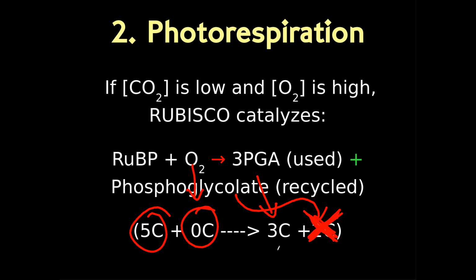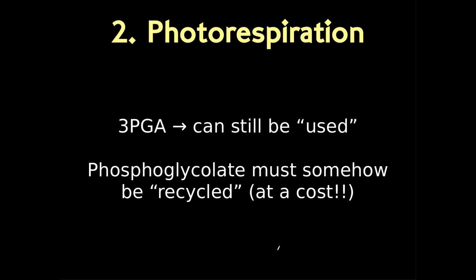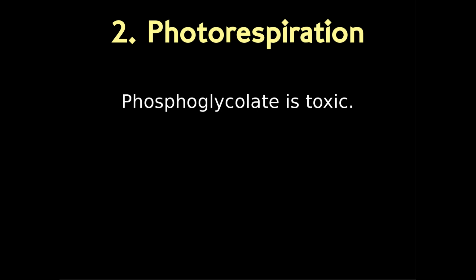At least part of that is lost to us, which means we're losing some of our carbon here. It's not good. So the 3-phosphoglycerate can still be used. That we're okay with. It gets essentially turned back into the 1,5-ribulose bisphosphate. Now the phosphoglycolate, however, has to be recycled, and it's expensive to do this. It's not without costs.